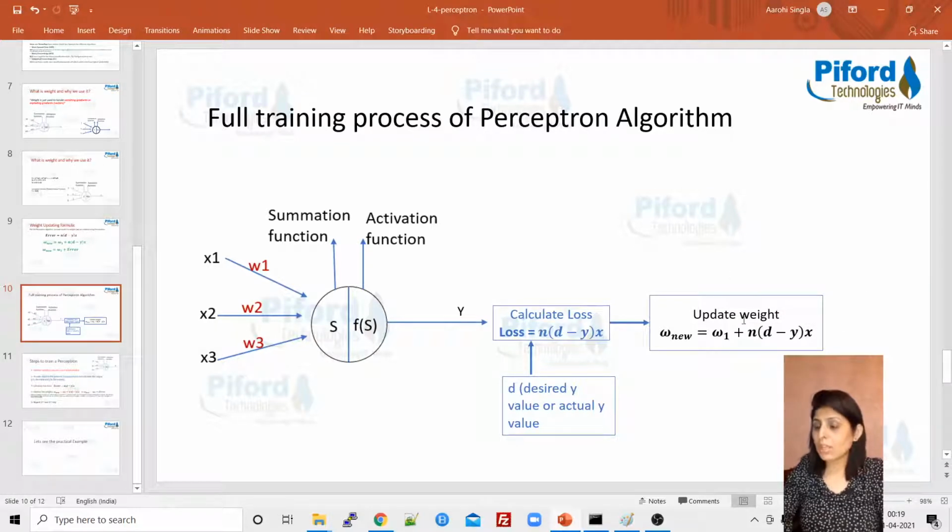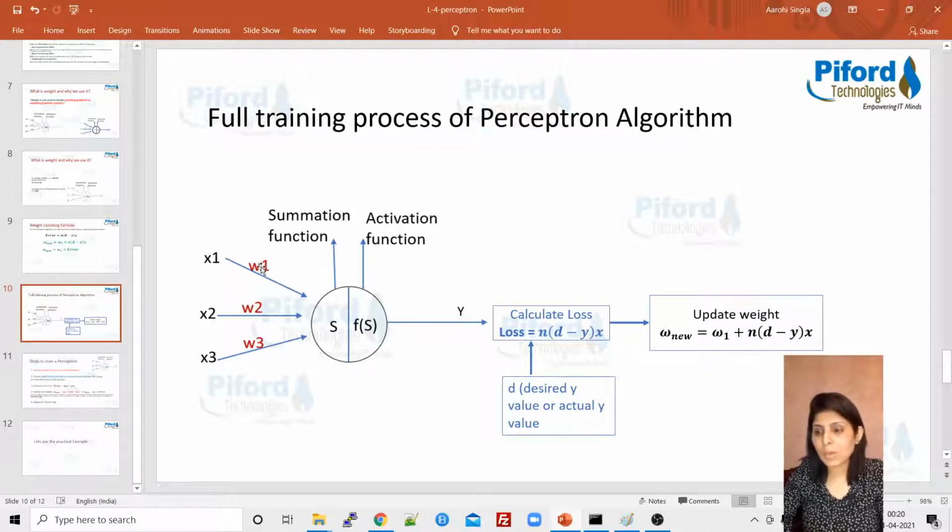Now when we get the new weight value, we will fill that weight value over here, and we'll multiply this input with the new weight value. In the same way, we will get new weight values for W2 and W3 also, and we'll repeat the process again.